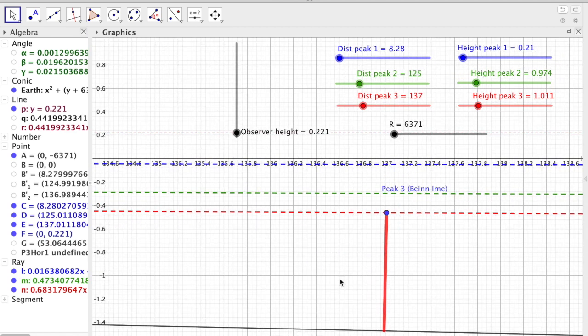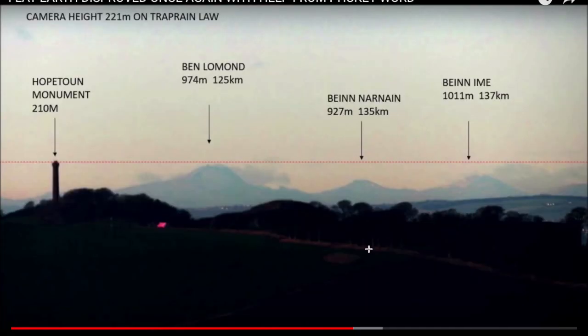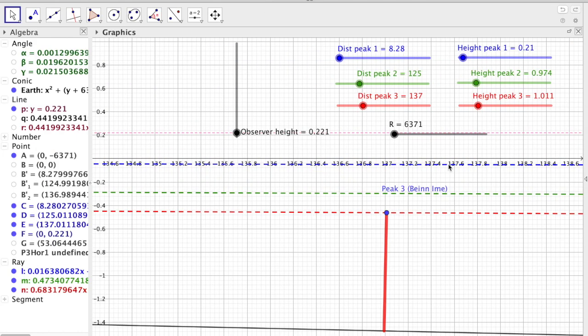And here we are at peak number 3, Bainime, I don't know how you pronounce that. We see that it's a little bit below this line, but with the pure geometrical version of this, it's quite a bit below.